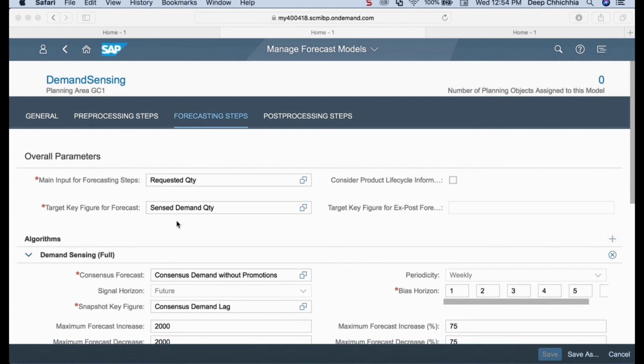If you look at the output, which is the target key figure for forecast, it's the sense demand quantity. Then you can include a new key figure calculation and create a new key figure called final consensus demand, which basically incorporates the sense demand quantity for the short-term horizon, 6 weeks in our case, and the consensus demand for the long-term horizon after those 6 weeks.